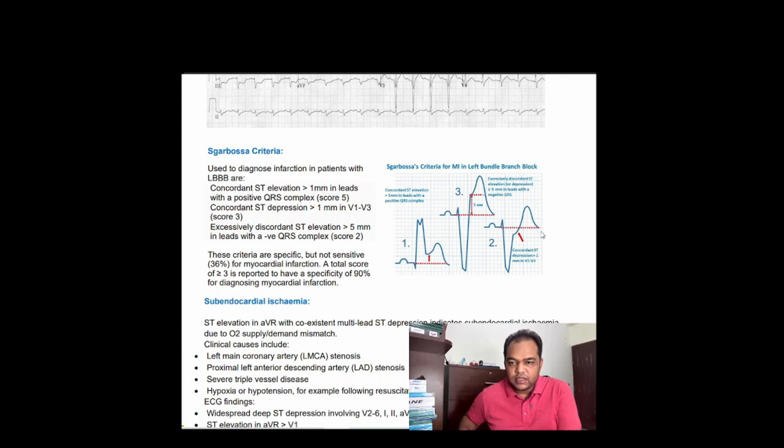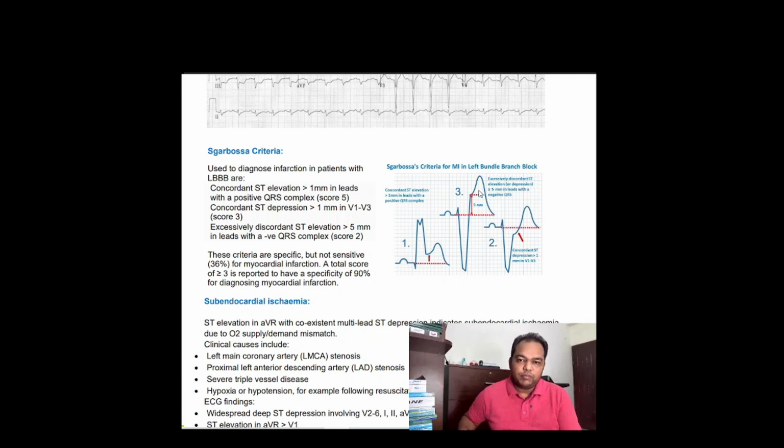This is the isoelectric line, and ST depression is present at the same side of the QRS complex. So it is concordant ST depression more than 1 millimeter, obviously more than 1 millimeter here. So this is the second point, and it represents score 3.